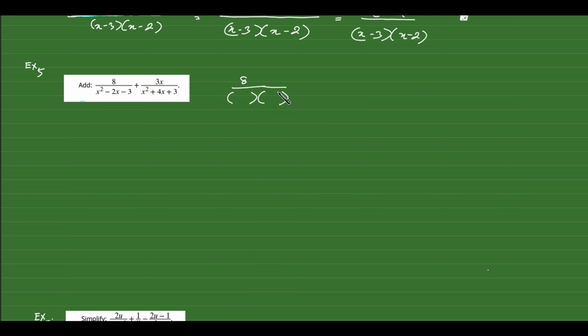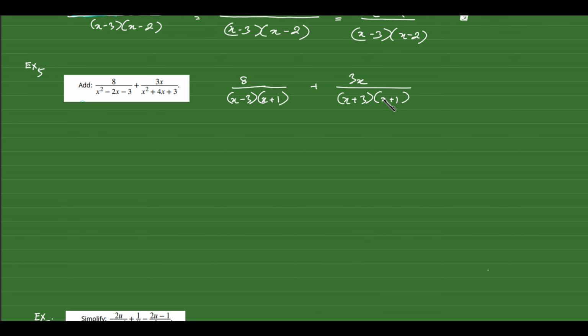Because if you don't factor trinomial, you cannot find the LCD. So this should be x minus 3, x plus 1. You should master factoring trinomial, because you're gonna see factor everywhere.